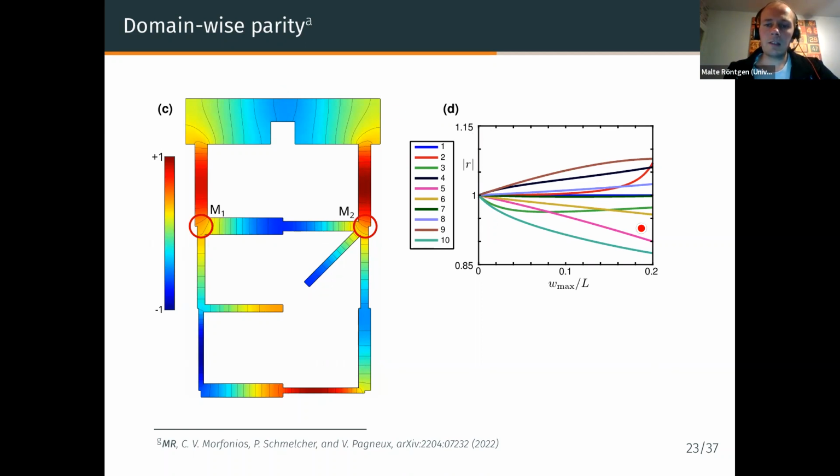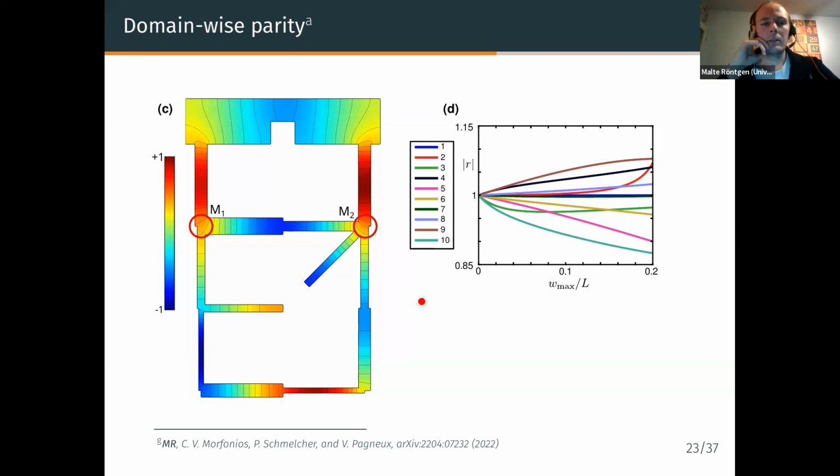Here on the right hand side is again shown the deviation, so R is the parity if you compare this point and this point for the first 10 eigenmodes, and you can see here if you make the waveguides larger and larger, so deviate from this perfect limit of narrow waveguides, well, the deviations are now a little stronger than before, but they are still comparatively low.